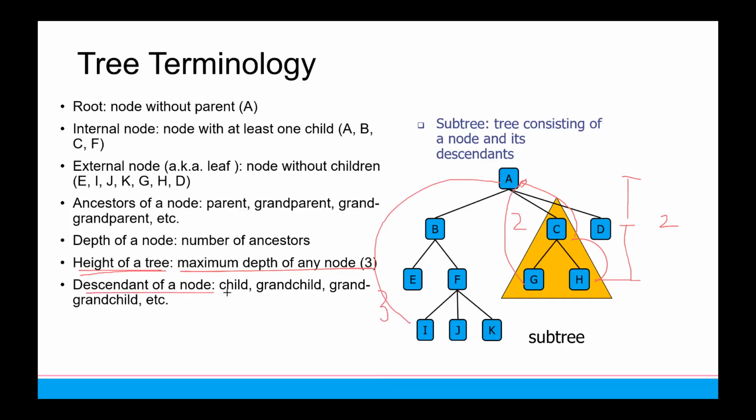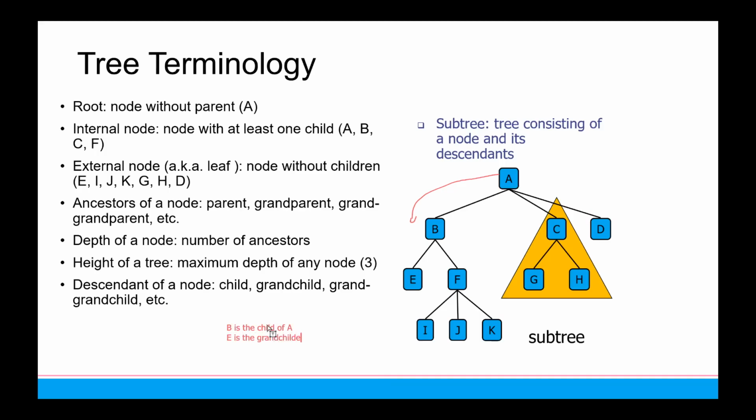Descendants of a node: we have child, grandchild, and so on. So B is the child of A, E is the grandchild of A, and I is also a grandchild of A. We call it a subtree when there is a tree consisting of a node and its descendants.